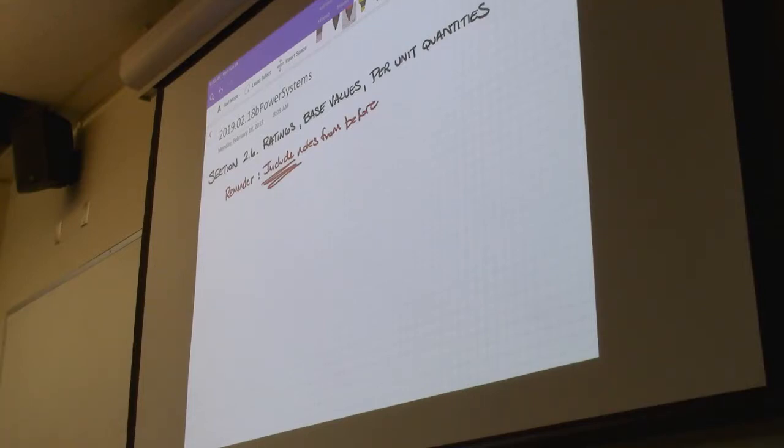All right, so let's jump straight into it. Calculate the values below. It asks us for the per phase voltage, load impedance, load current, and apparent power. Let me bring this up in the book.